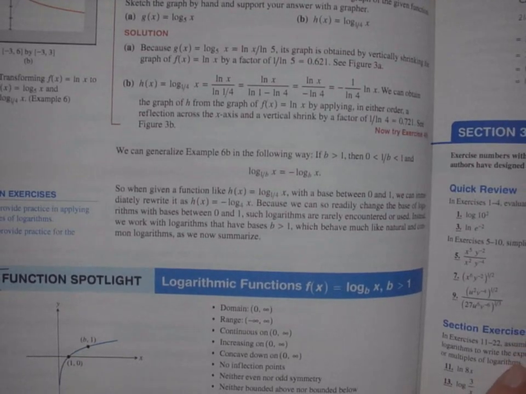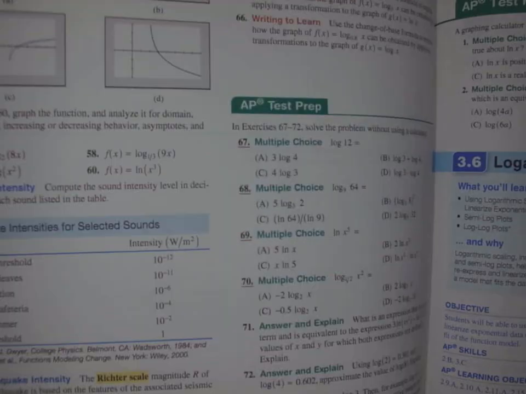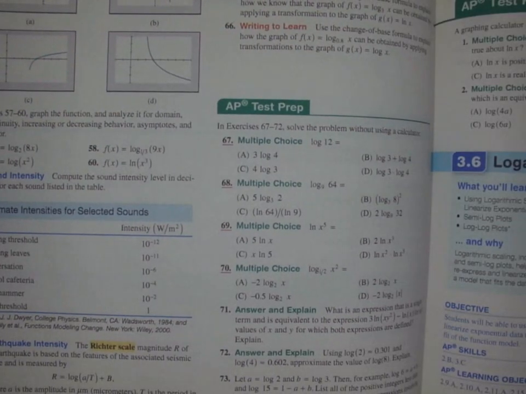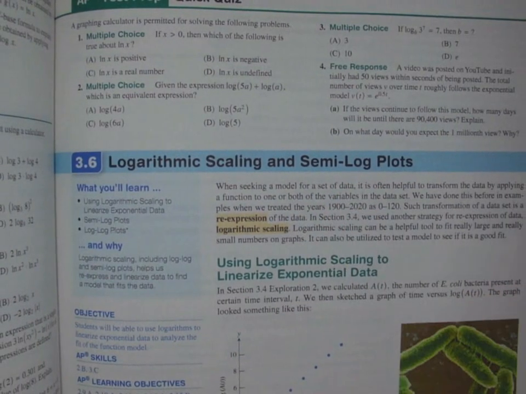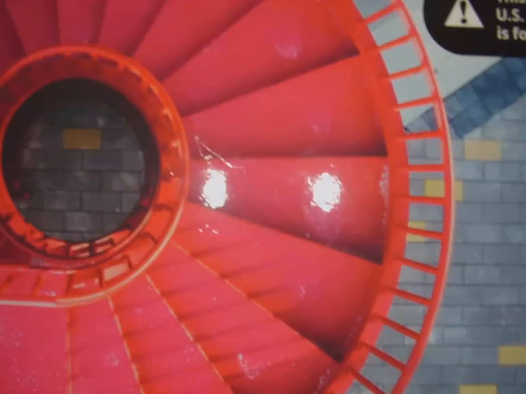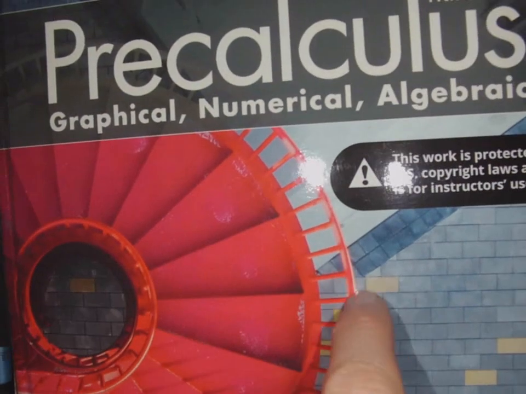And you have problems, and then in the back of the book you're going to have the answers to all your odd problems, right? Logarithmic scaling and semi-log plots are there too. So I would suggest that you get your book out and use it as a review as well.